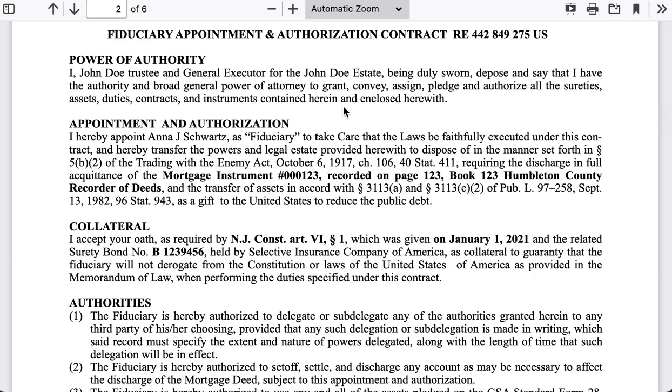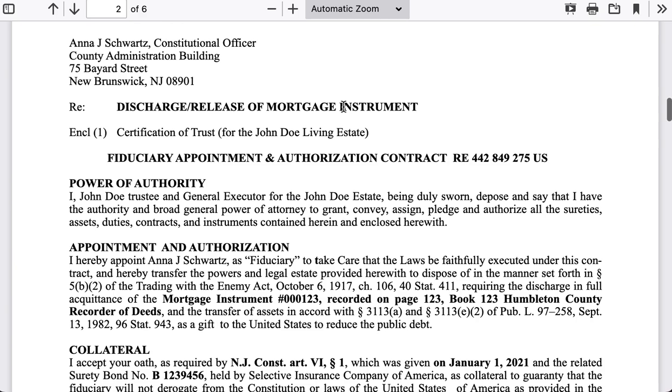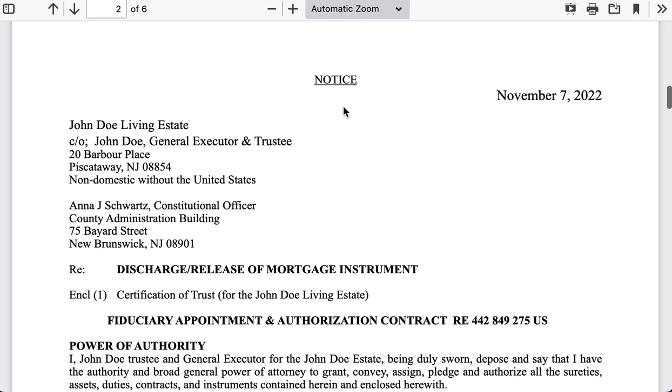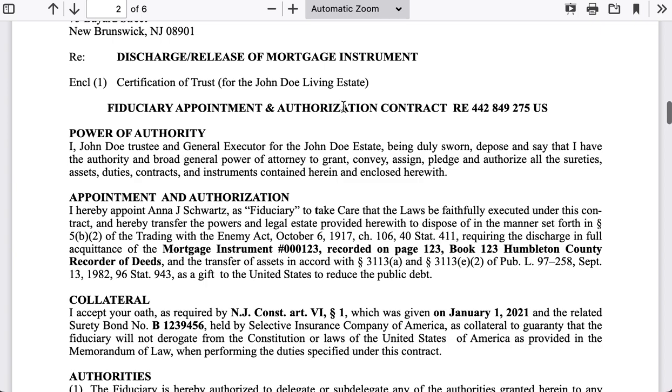So of course I had to take that into consideration when we went back and wrote this fiduciary appointment and authorization contract. Now, I believe that sometimes we are incorrect in our thinking. Just because we send somebody a contract, they're required to perform under the contract. Some people get this crazy idea, or I think it's a crazy idea. So I want to emphasize the reason why in this scenario the fiduciary must perform is because we're dealing with an oath or a pledge.